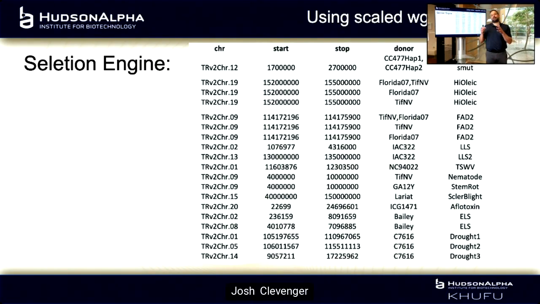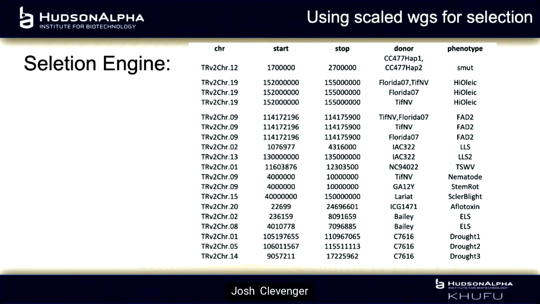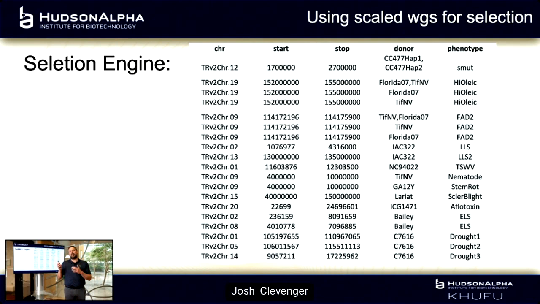And this table is basically one of the sets of traits that we actually select for in our program. So we're selecting for the fatty acid composition of the seed. We're selecting for resistance to smut. We're selecting for resistance to leaf spot and virus and stem rot, sclerotinia blight. We're selecting for lower aflatoxin contamination.